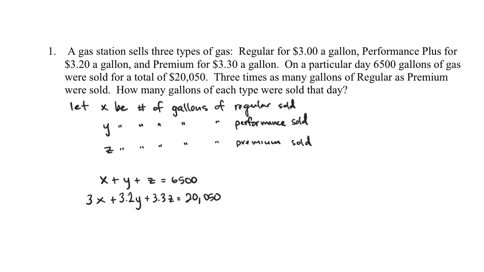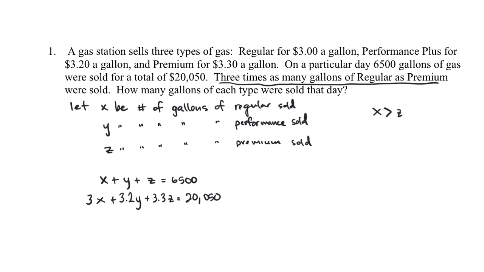Now these kind of phrases here towards the end can be a little confusing. It's talking about regular and premium, so that's X and Z. 3 times as many gallons of regular as premium were sold. So right now, X is 3 times as big as Z because it says 3 times as many gallons of regular.